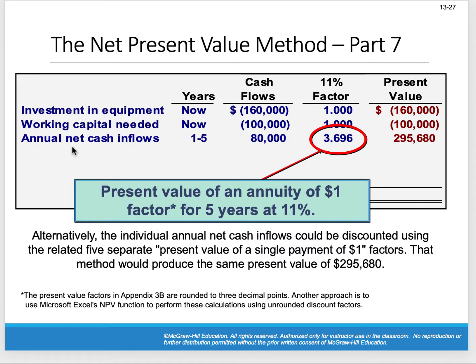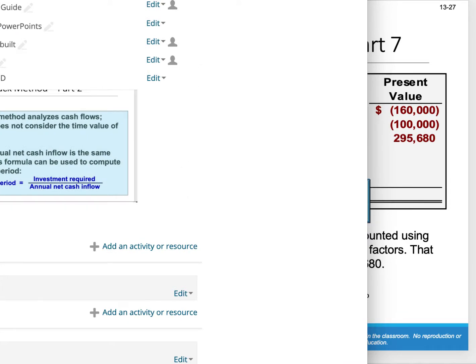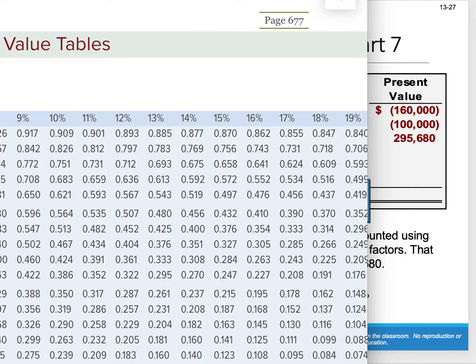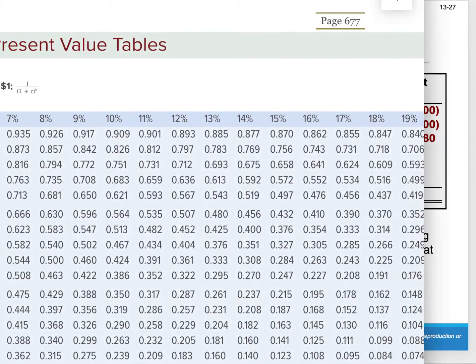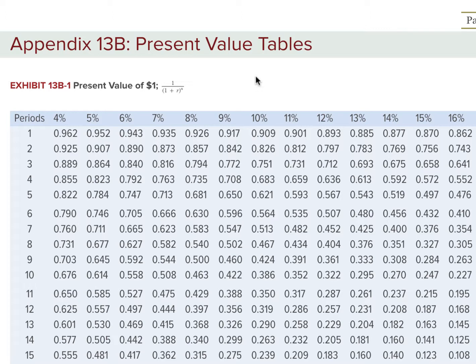Not a problem. In your book, in Appendix B, we have this little table right here. This is the present value of $1, okay?